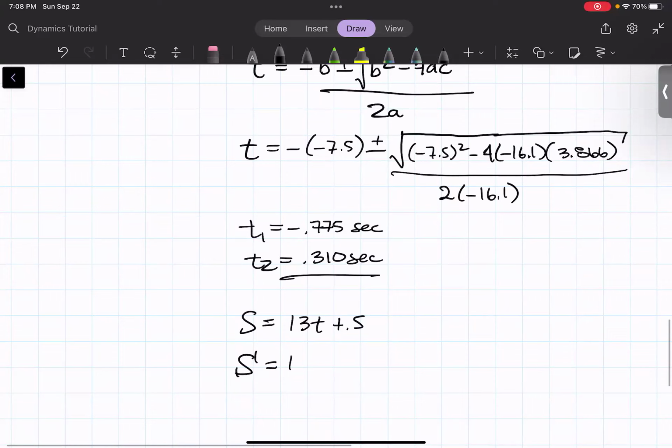S is equal to 13 times 0.310 plus half. We get 4.53 feet. And that essentially summarizes our problem.